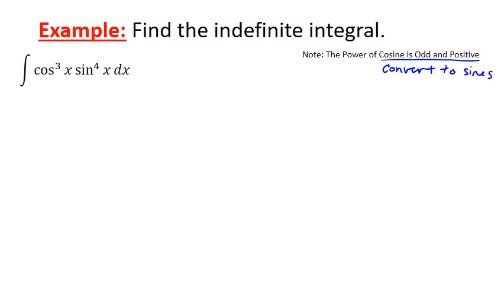So that's the approach that I'm going to take in this example. When I make this conversion, I want to rewrite cosine, but I'm only going to break it down so that I'm saving a cosine. So here's how I will rewrite this.